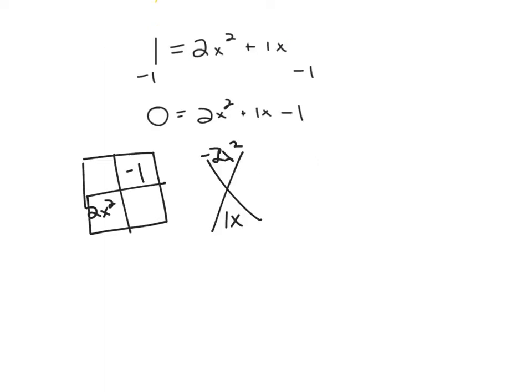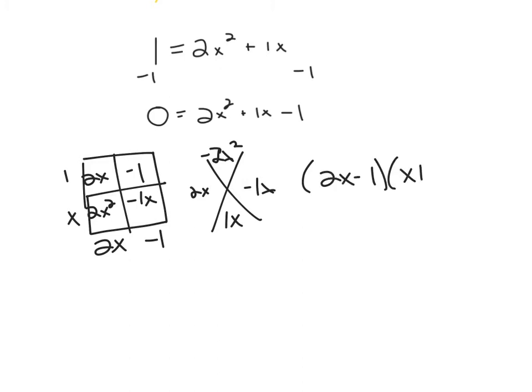So we need numbers that multiply to -2 but add to 1, and so that would be 2x and minus 1x. And so we've got a 2x by x, a -1 and a 1. So our factoring looks like 2x minus 1 multiplied by x plus 1.